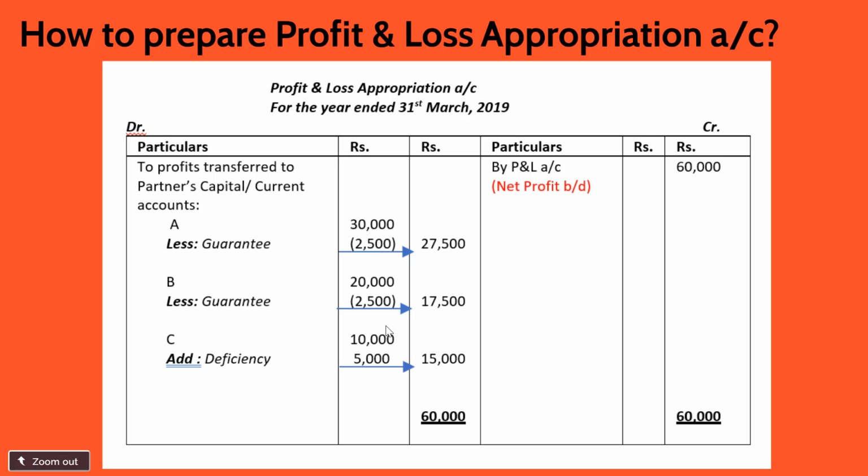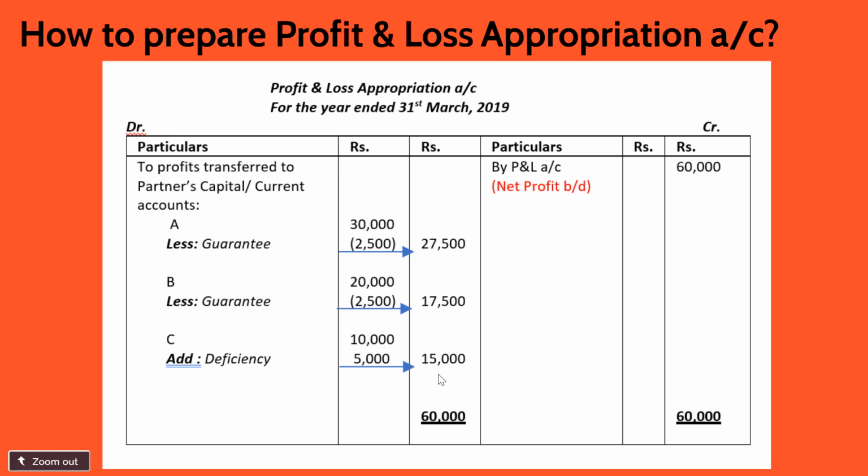Next step is to add the deficiency amount to the guaranteed partner. So again for C, I add the deficiency, which is 5,000, and take it to the outer column as rupees 15,000. And for A and B, the guaranteeing partners, I will deduct the deficiency which has to be borne by each of them. A is to bear rupees 2,500 as deficiency, whereas B is to bear rupees 2,500 as deficiency.